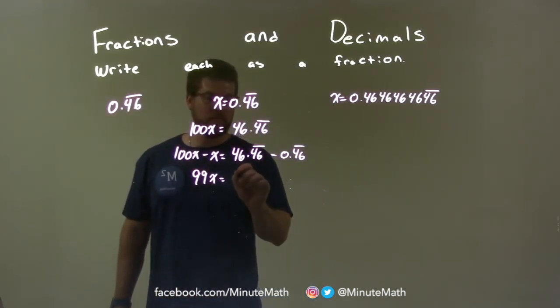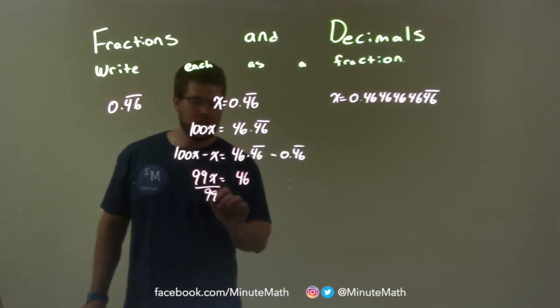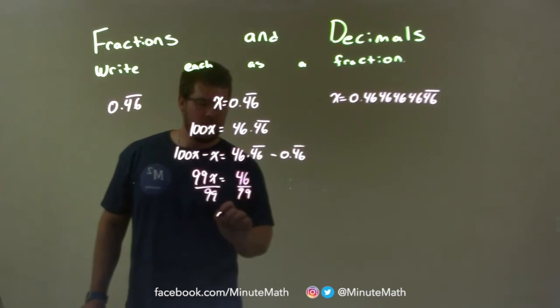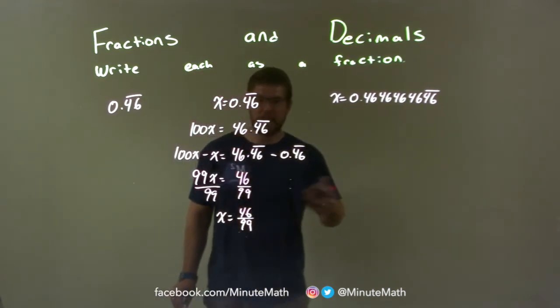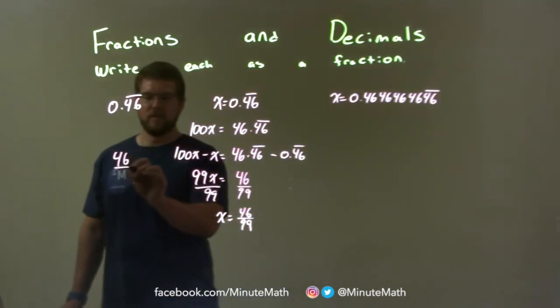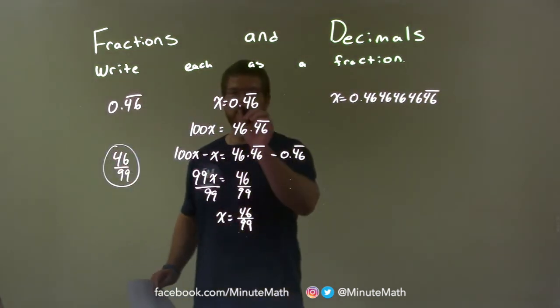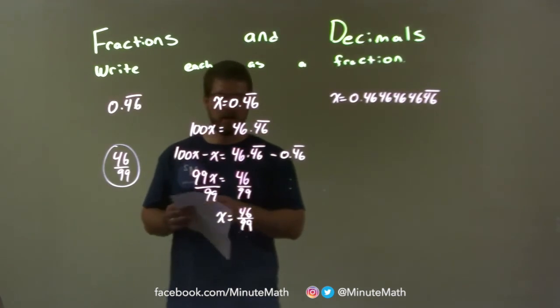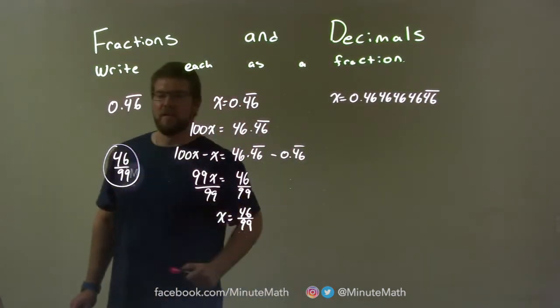We're left with just 46. To solve for x, I divide 99 into both sides, and I'm left with x equals 46 over 99. That fraction can't be simplified. It's in simplest form, and so 46 over 99 is our final answer, because if x equals 0.46 repeating, and we found that x also equaled 46 over 99, that is our final answer.